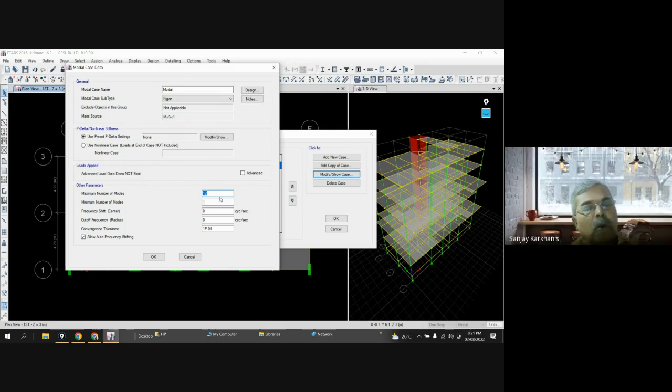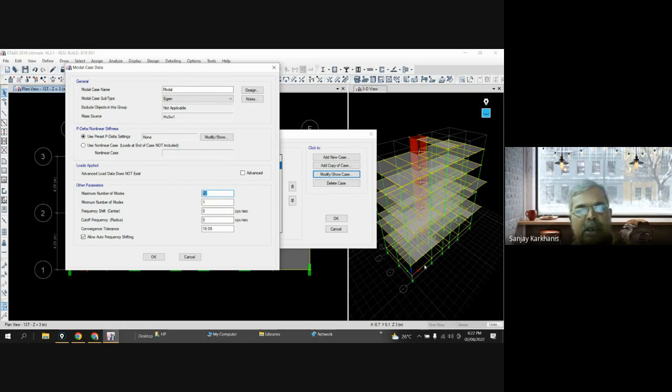Okay, so most of the time you will see that 12 modes are sufficient. But sometimes after 12 modes also, if you are not getting 90% mass activated, then you have to go for additional modes.